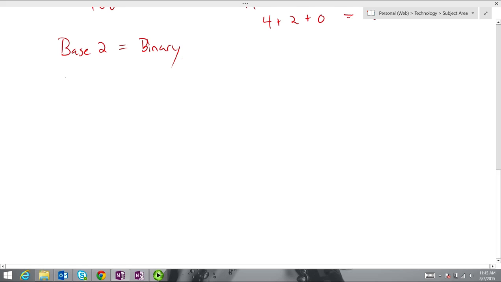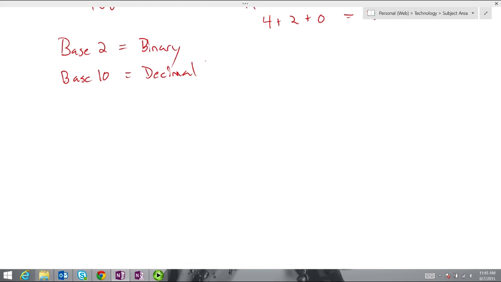We also use base 10 in computing. This is known as decimal. And we use that because humans learn that in school, and therefore when we want computers and humans to work well together, we tend to give the humans a chance to work in the number system that they're familiar with.